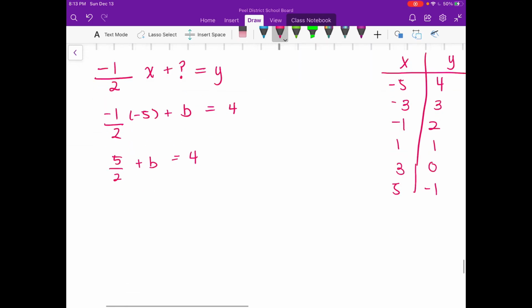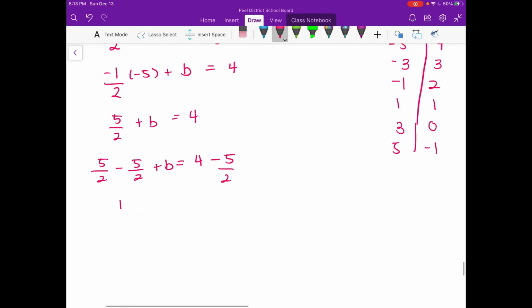Right? Now I want to get rid of this 5 over 2 on this side, so I'm going to use 5 over 2 minus 5 over 2. Again, if you want to turn this into a decimal in this unit, be my guest. I'm just doing it as a fraction to show you how to do it. Right? So b is equal to 4 minus 5 over 2, so I got to change that 4 into 8 over 2, which is just an equivalent fraction. I'm going to write this in a different color over here so that you can see what I did.